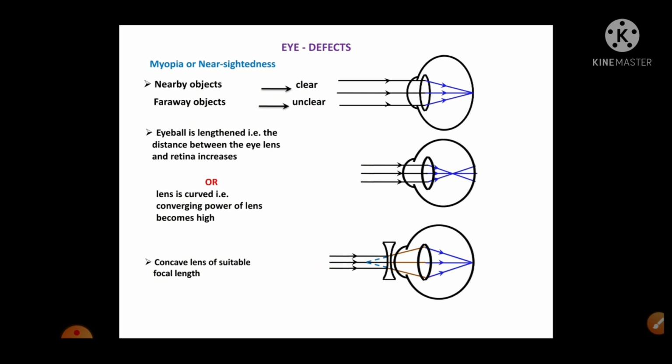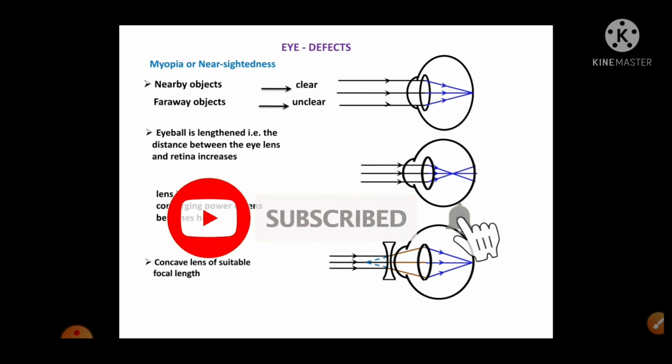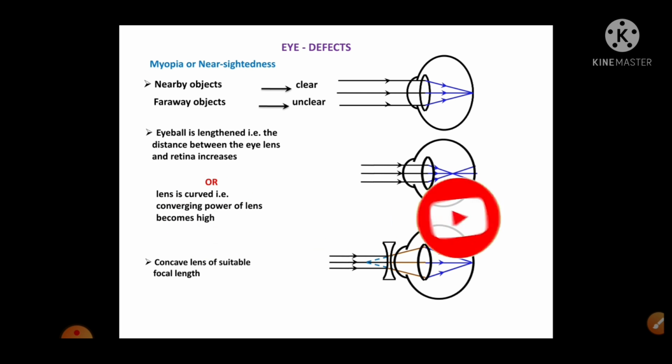So once again we will revise it quickly. First, myopia is also called as near sightedness. In myopia, near object is clear, far object is unclear. Why does this myopia take place? First reason, eyeball is lengthened, that is the distance between the eye lens and retina increases.